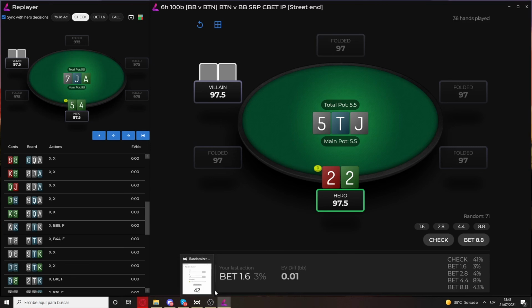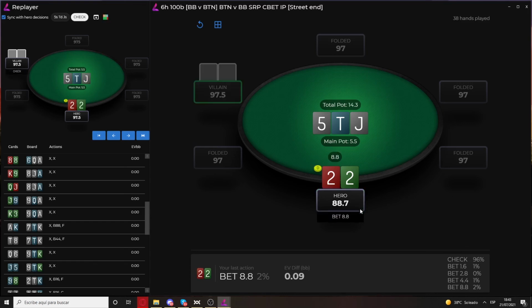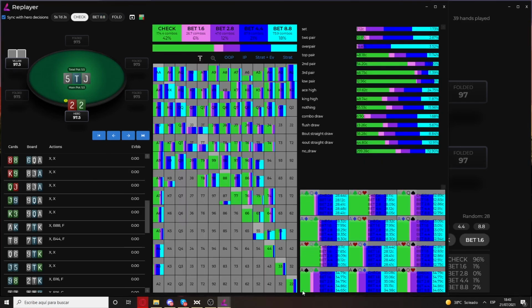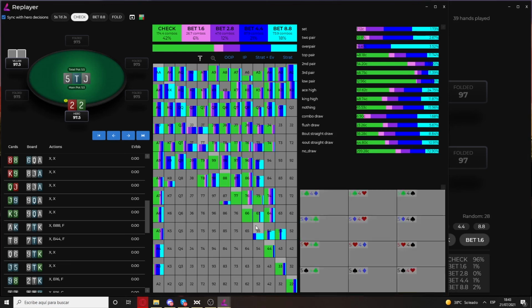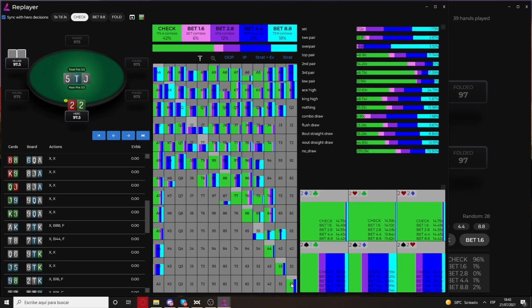We don't care if we get called by flush draws, but we want to make a lot of dominating hands fold and a lot of drawy hands call. Yeah, it's betting only 4% of the time. I figured it would be a little higher than that, but no. It's just about never. Maybe like 5% of the time.